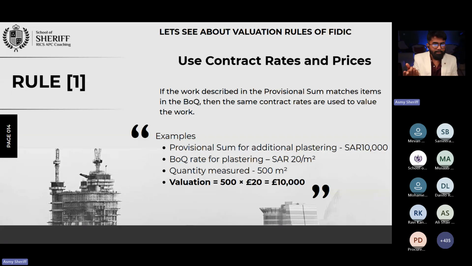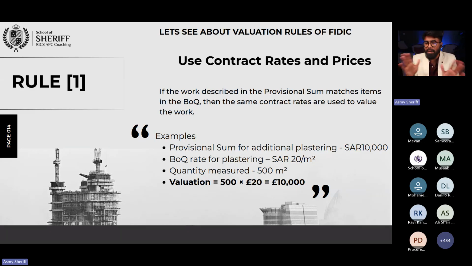What are you going to do? You take that, okay, in my BOQ I also have a plastering price, 20 riyal per square meter. Now I need to execute 500 square meters of plastering, multiply by 20. So the valuation is going to be 10,000 riyal.